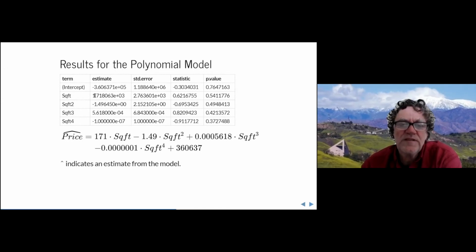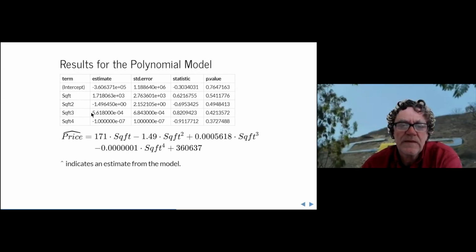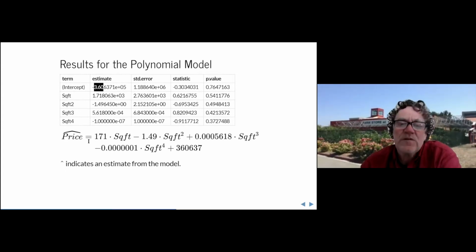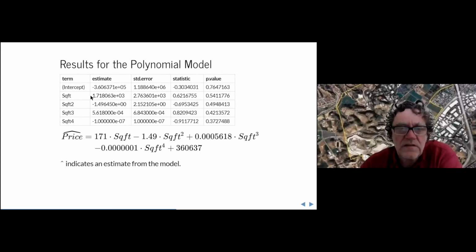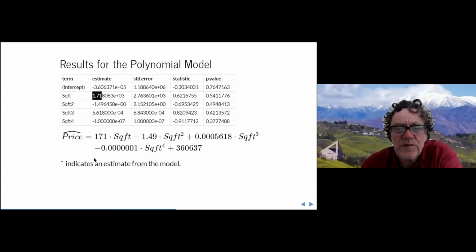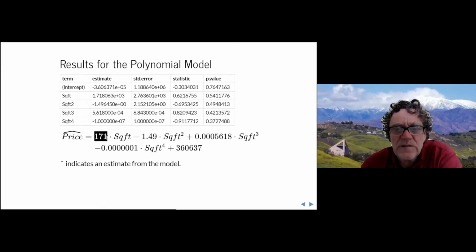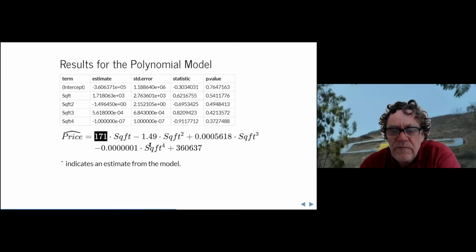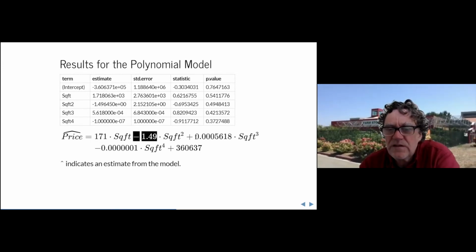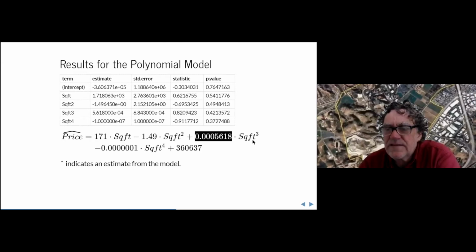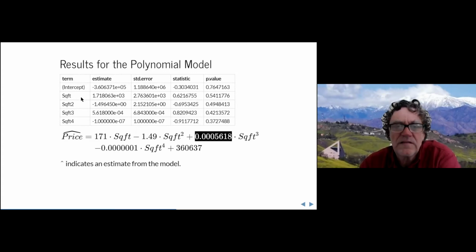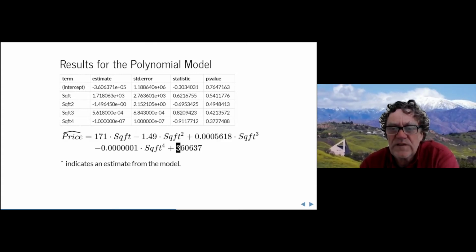Here are the coefficients for my variables. And here's my intercept. This leads me to an equation: 171 square feet, minus 149 square feet squared, minus this times square feet cubic, and so on and so on, plus 36,000 here.